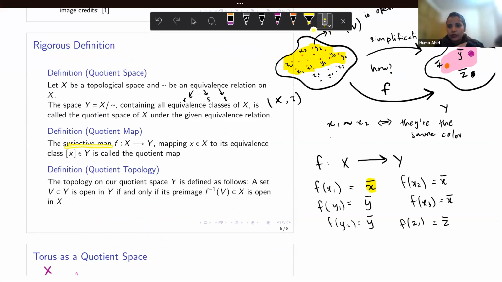So it's not a homeomorphism in any sense, and topological properties are only preserved under homeomorphisms, and maybe continuous maps.